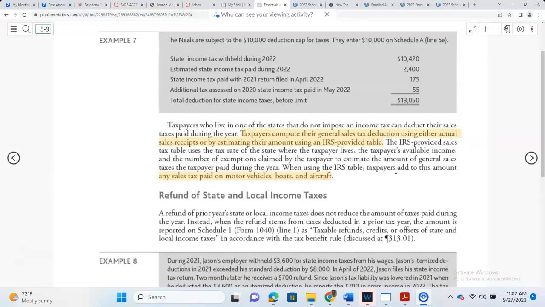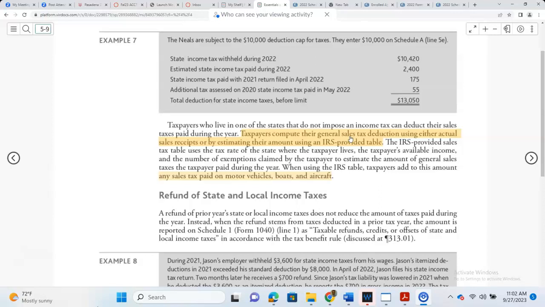Then you add it. Okay, let me show you. I'm just thinking why we have two highlights here. At the top, it says, let's say you go to the grocery store and you pay $300 for groceries and you pay, I don't know, $30 of sales tax, and you keep the receipt.